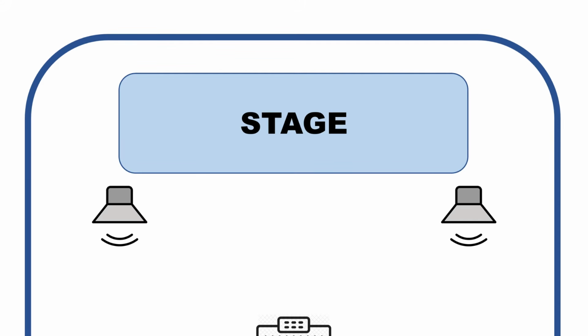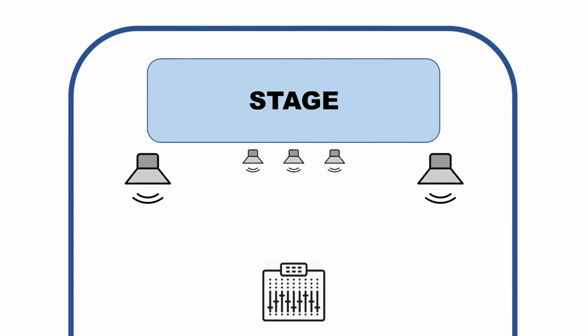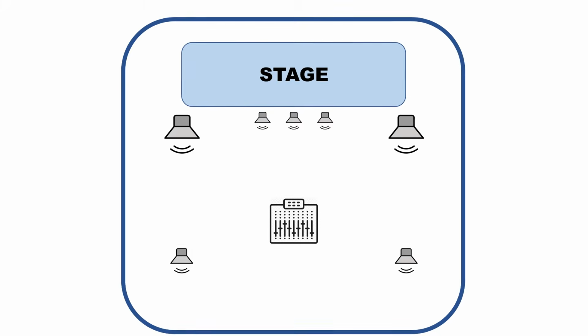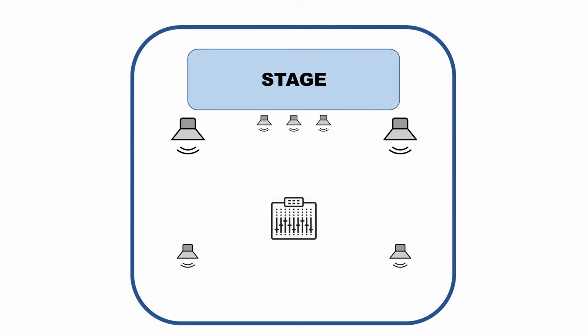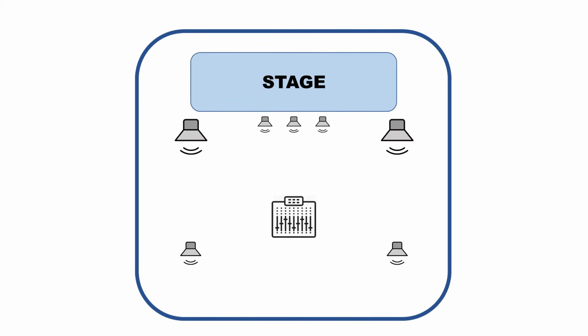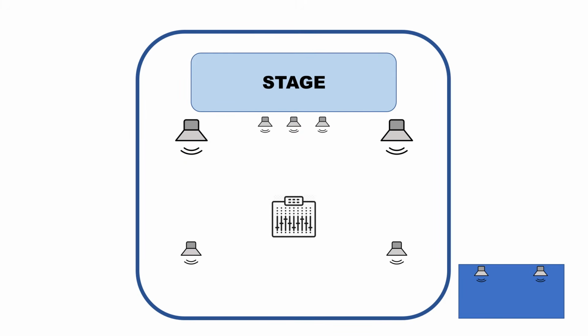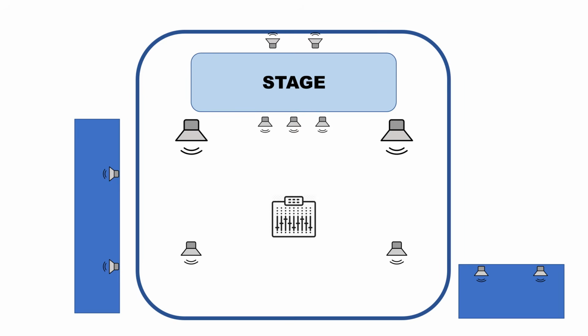So you might have some front field speakers at the center of the stage to feed the audience at the front in the middle, and some additional delay speakers midway through the venue to reinforce the sound at the back of the venue, and let's say some other speakers at some VIP tent somewhere or on the balcony or even backstage. Now these speakers might require a different mix with a different level to be able to get a general sound that is very well balanced.